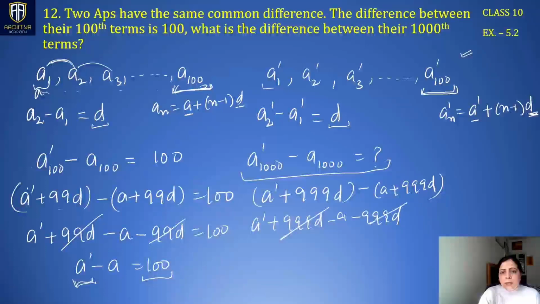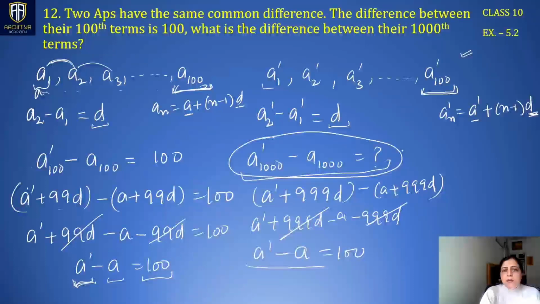You can see that this is again equal to A' minus A. So it doesn't matter what the number of the term is, if they have a common difference and the difference between the first terms is fixed, that will be the same difference between any particular number of terms. A' minus A is equal to 100. So the difference between the 1000th terms of these two sequences will also be 100. This is your answer.